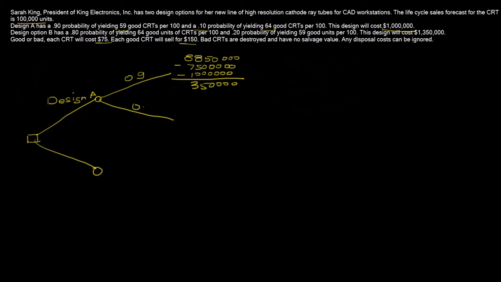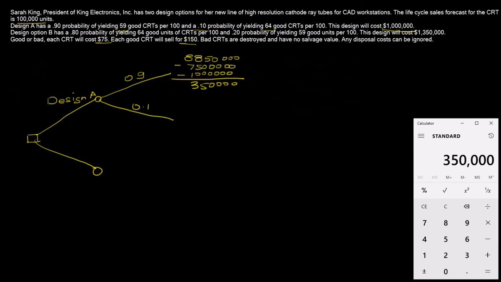Now the second option is a 10% chance of getting 64 good units. If we had 64 good units per 100, then we'd actually be making 64,000 good units and selling them for 150 each, right? So we'd have 9.6 million.